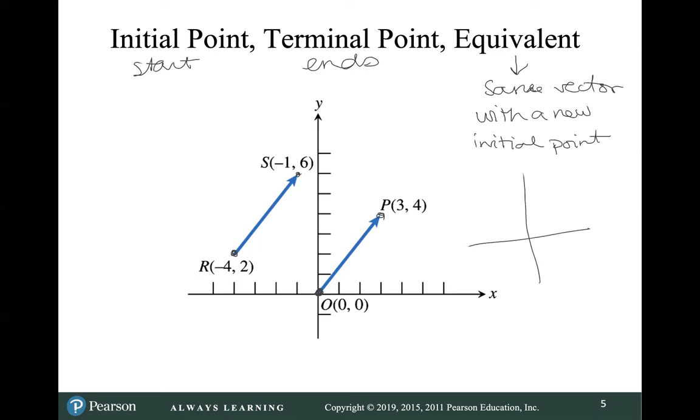So the vector that we have here is 3, 4. No matter where I start, if I go 3 units over and 4 units up, that will be the same vector, just in an equivalent location. It's in a new place, but the same directions.